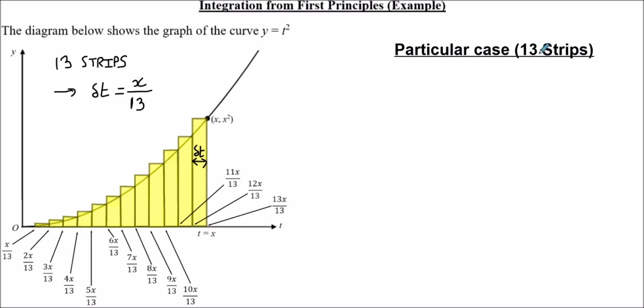Imagine it was 13. Okay, so what we can say here is the area under this curve is approximately equal to the total area of the 13 strips.